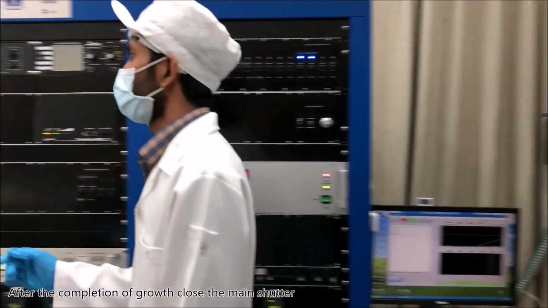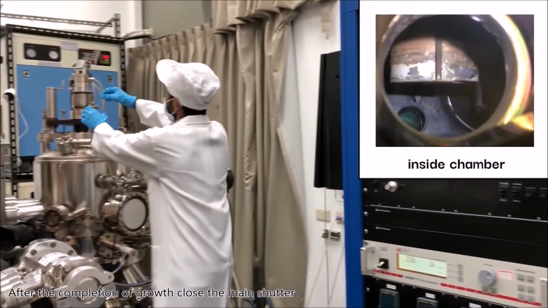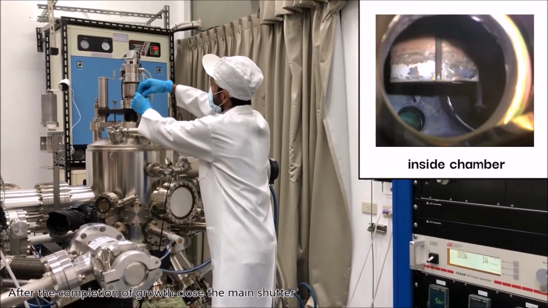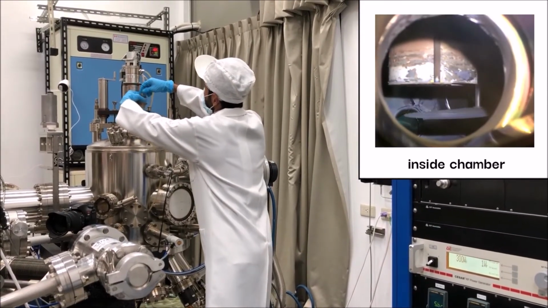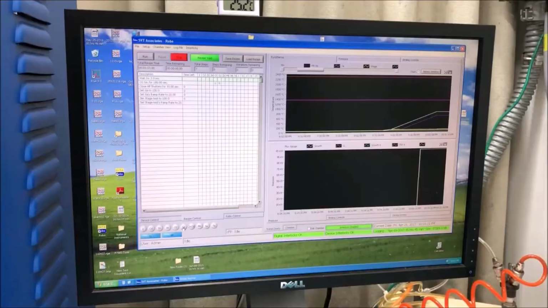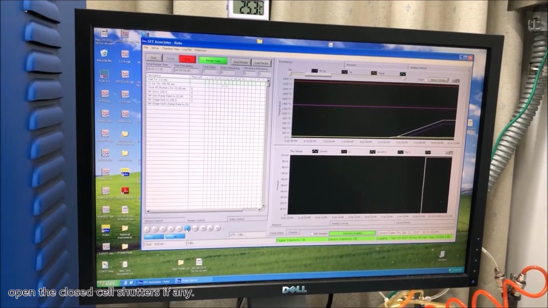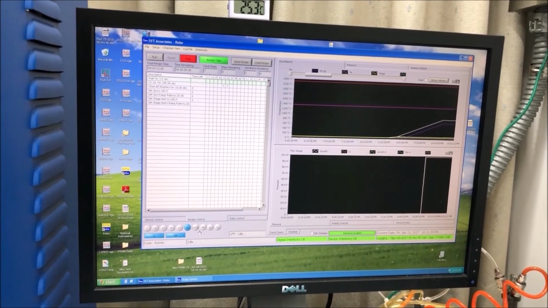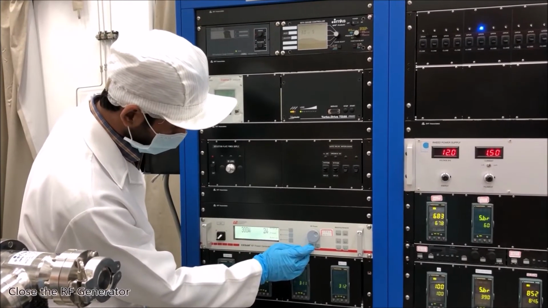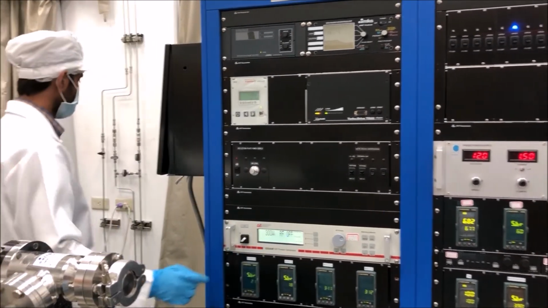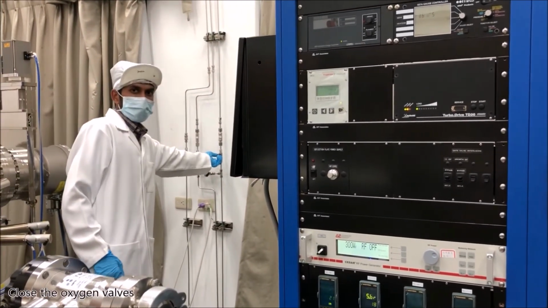After the completion of the growth, close the main shutter. And close the open cell shutters, if any. Close the RF generator. Close the oxygen valves.